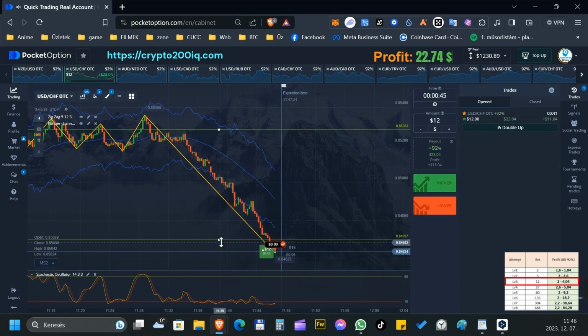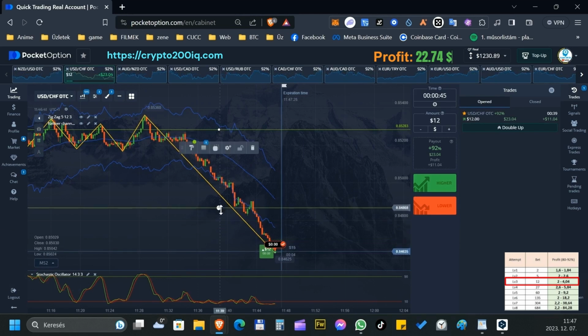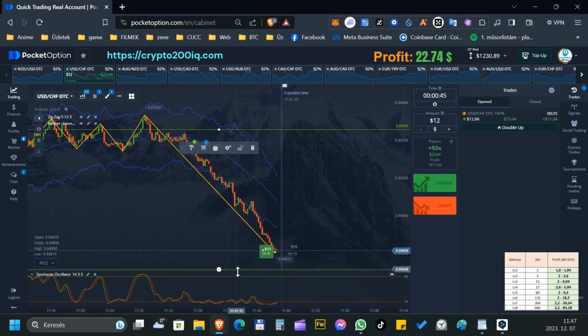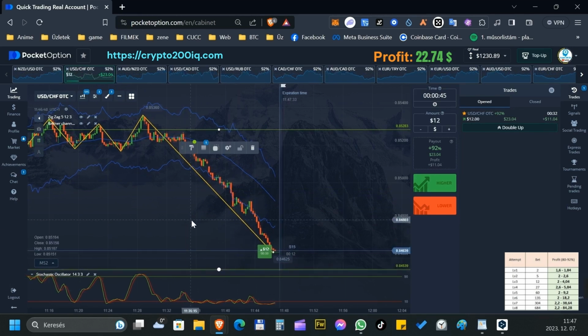And we bet again. Well, at times like these, I usually just estimate how big a movement might occur until the next bounce. But it went down significantly, so a reversal is definitely coming.